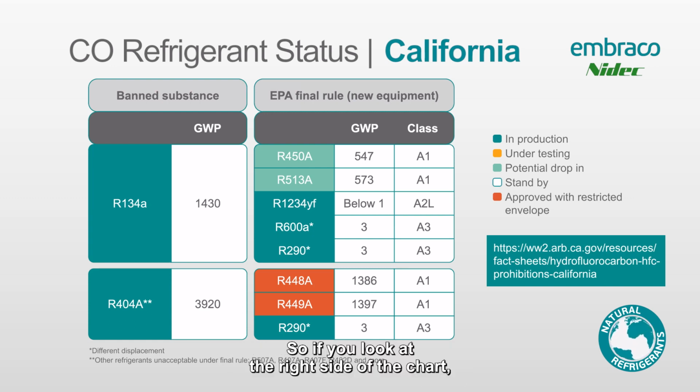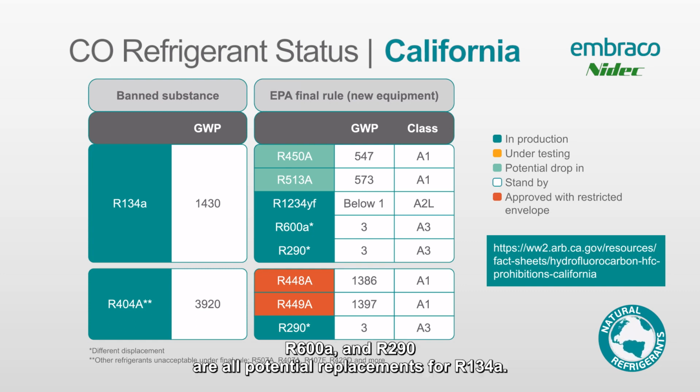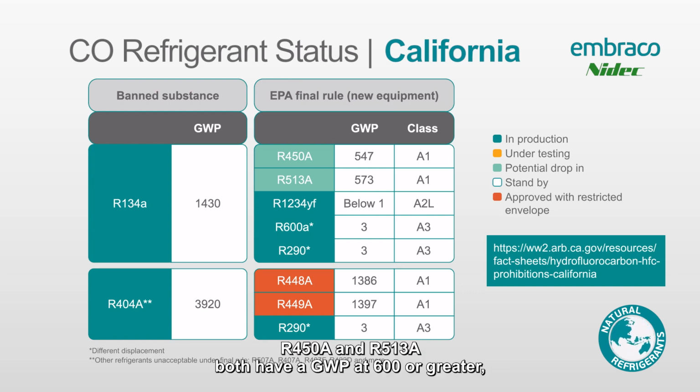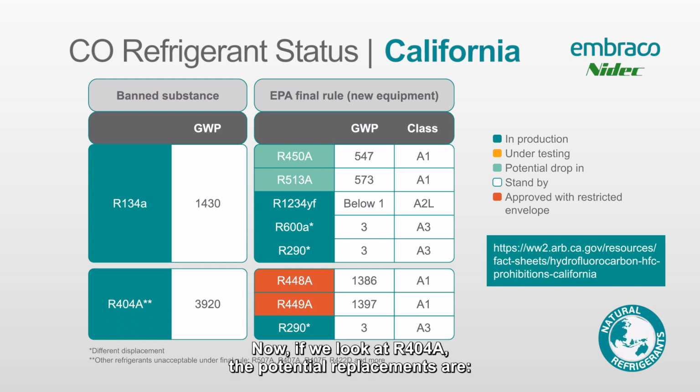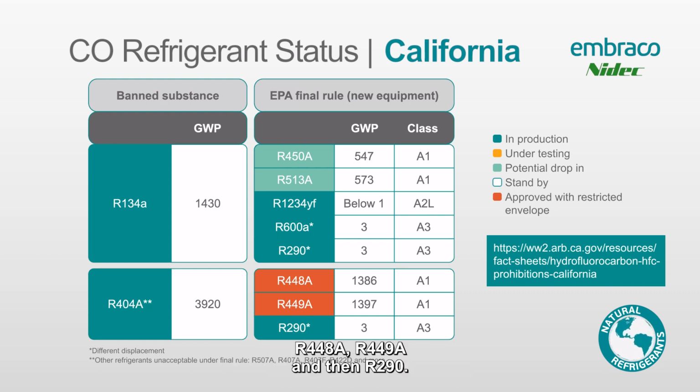So if you look at the right side of the chart, you can see some of the potential replacements. So R450A, 513A, 1234YF, 600A, and R290 are all potential replacements for R134A. R450A and R513A both have a GWP at 600 or greater, and we kind of refer to them as interim gases. These will probably not be permanent, as they'll end up being banned just as the others have. But where the industry really decided to head was to look at gases like R600A and R290 because the global warming potential value is so low. Now if we look at R404A, the potential replacements are R448A, R449A, and then R290.